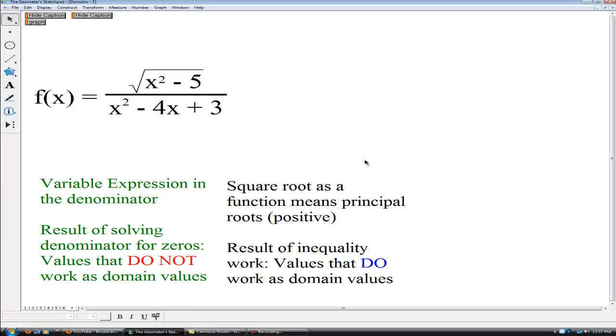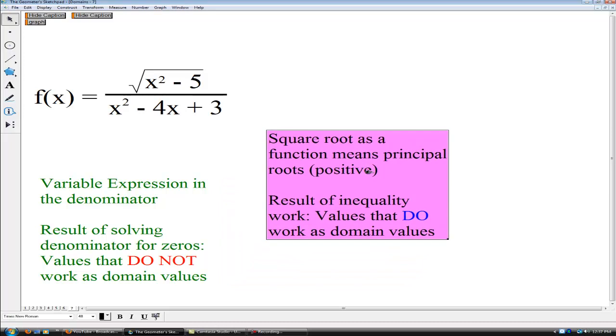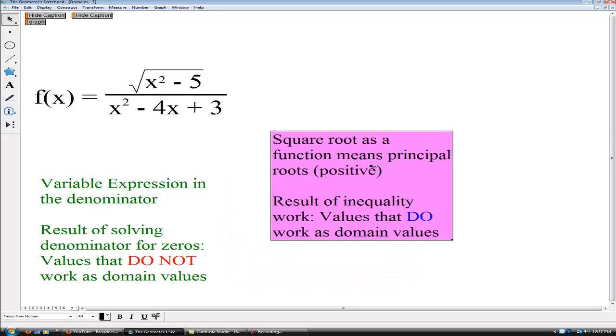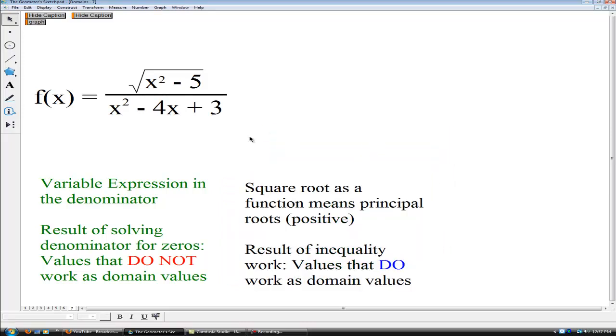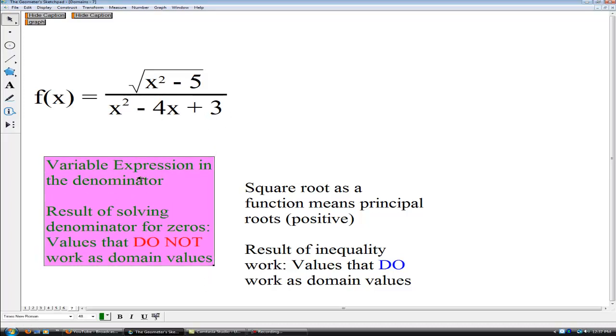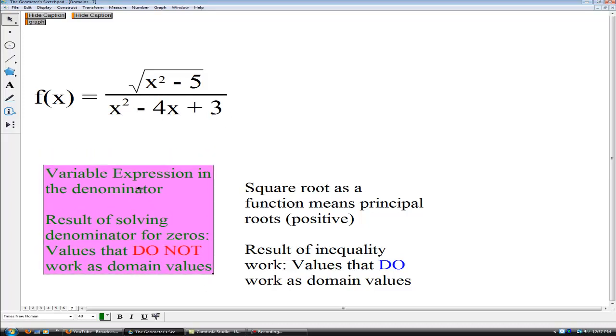Alright, our last problem. We have both cases again. I have a variable expression under a square root in the numerator. So for this situation, I will be testing to find values that do work as domain values. Now my denominator has a variable expression, so I will also be testing for restrictions.